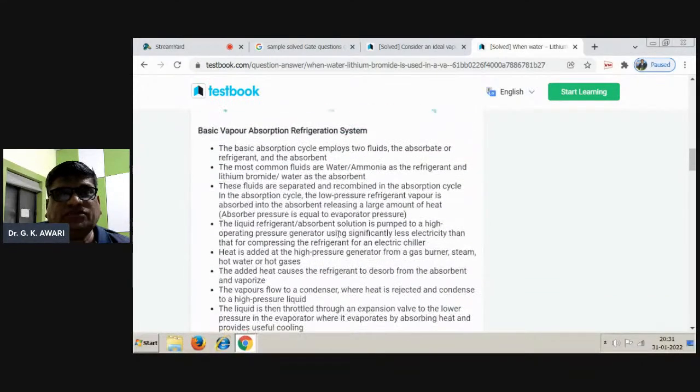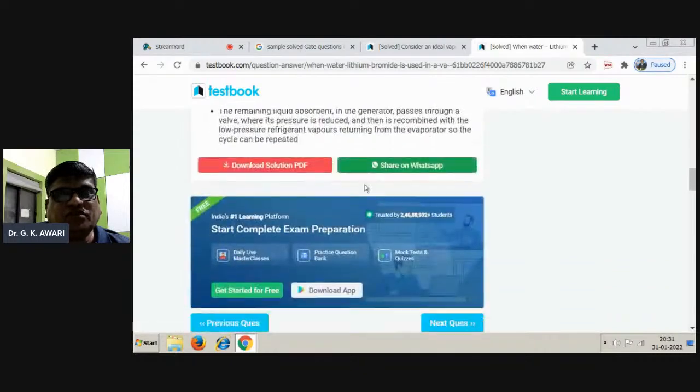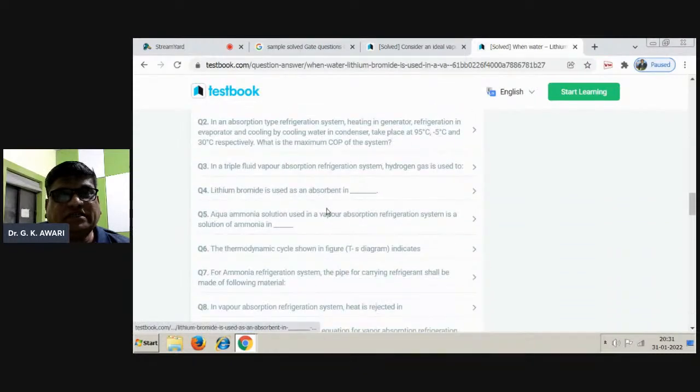The basics of the vapor absorption system is that it employs two fluids, the refrigerant and the absorbent. The most common fluids are ammonia-water, with ammonia as refrigerant, and lithium bromide-water, with lithium bromide as absorbent.